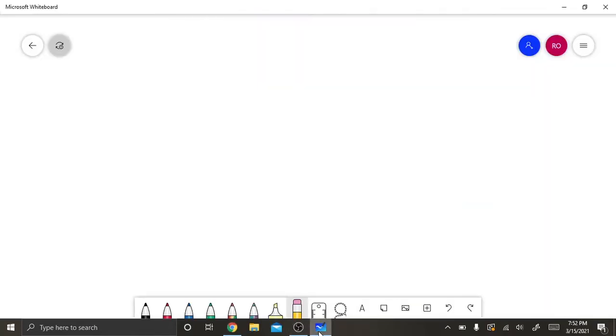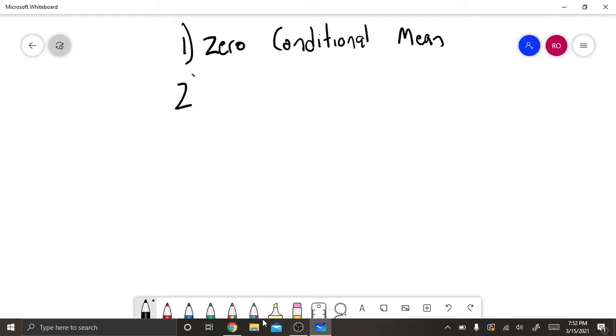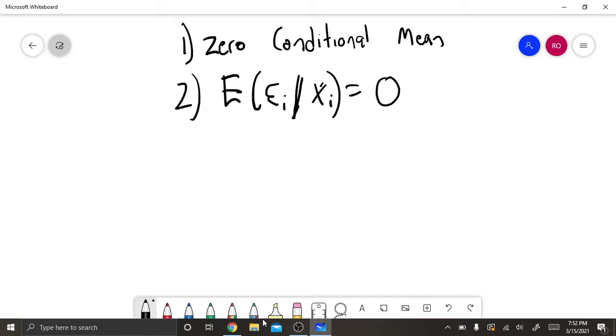But when we're talking about the zero conditional mean assumption, remember we said that there are basically four different ways you can write it. The first is you can just say zero conditional mean. We can write it like this. The expected value of the population error term conditional on our explanatory variable is equal to 0.